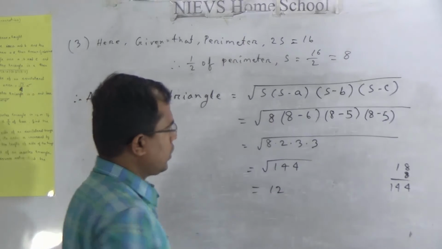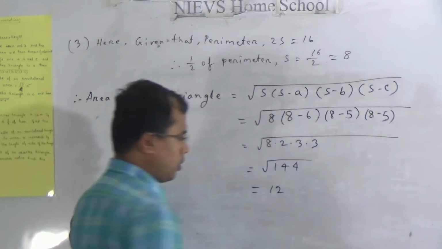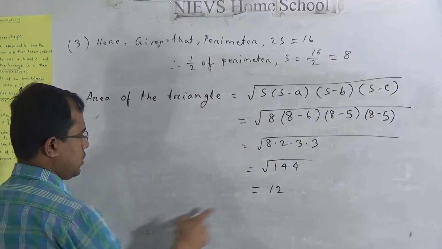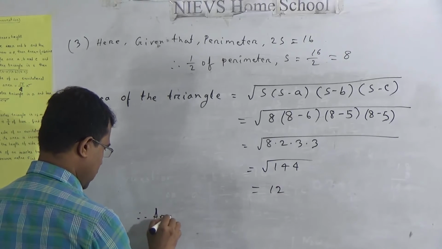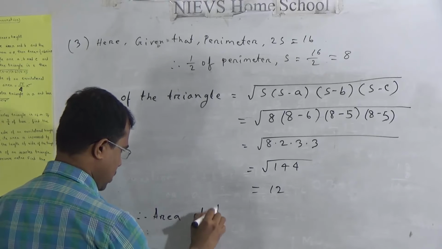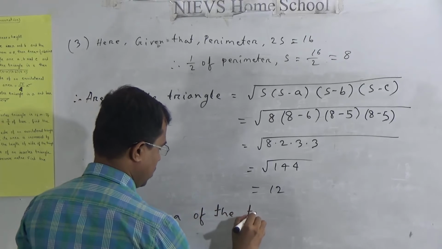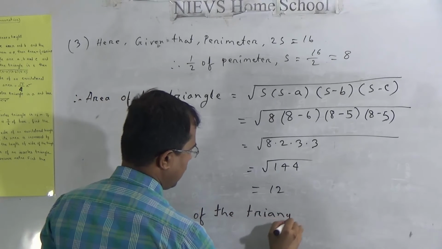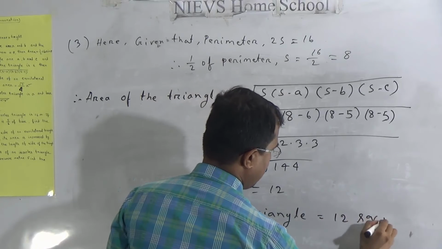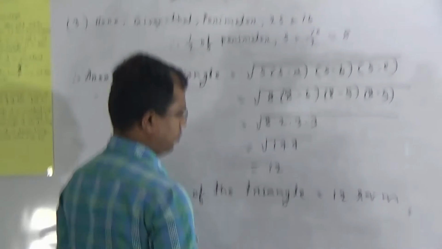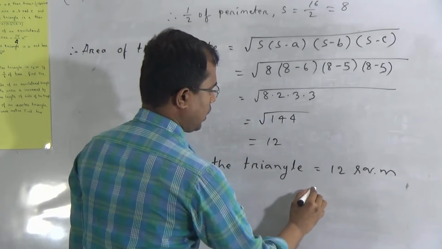So area of the triangle is 12 square meter, and this is the answer.